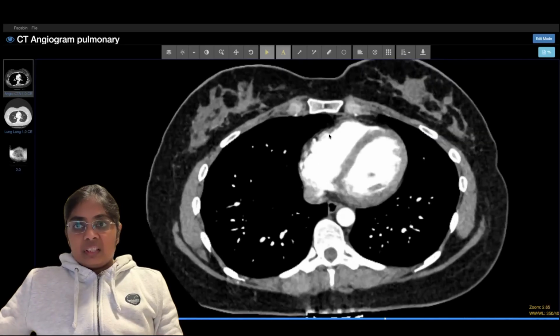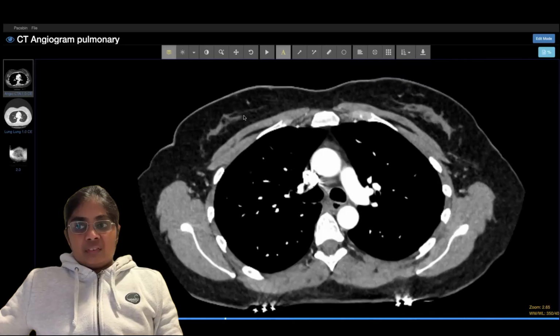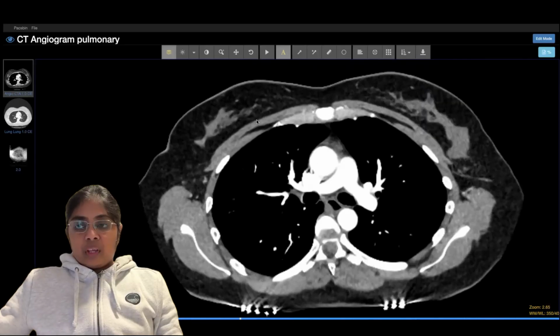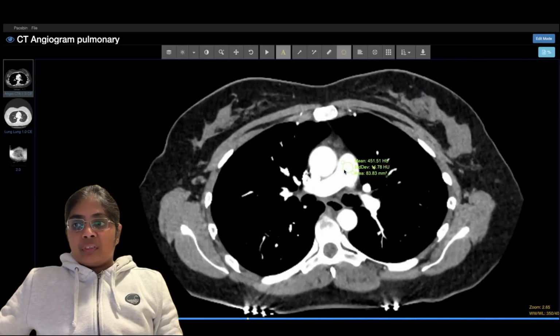With any study, before you begin to interpret the study, you need to assess the quality. So in the case of a CTPA, you want to evaluate whether there's sufficient contrast in the pulmonary arteries to make this a diagnostic study.